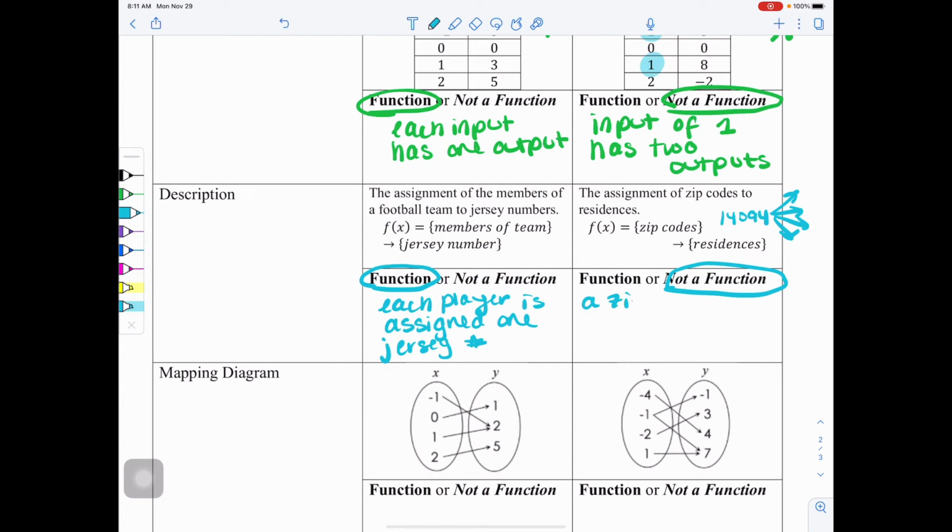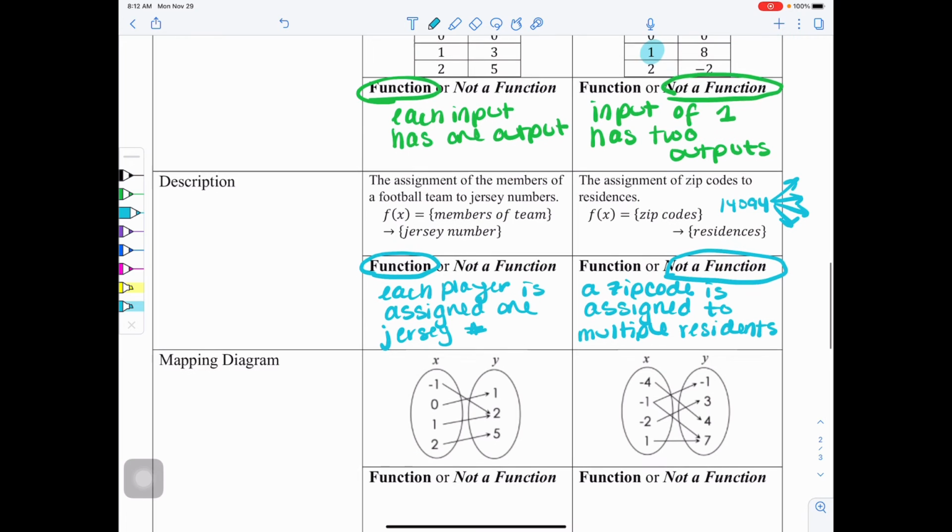I'm going to say a zip code is assigned to multiple residents. So that's why that would not be a function. Again, my explanation supports the original description that I had.